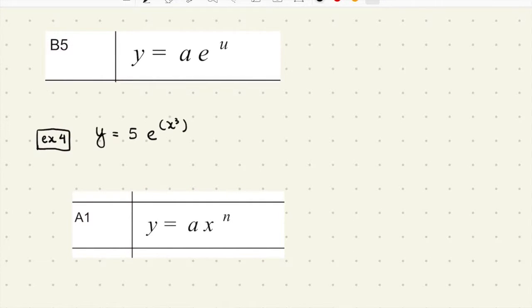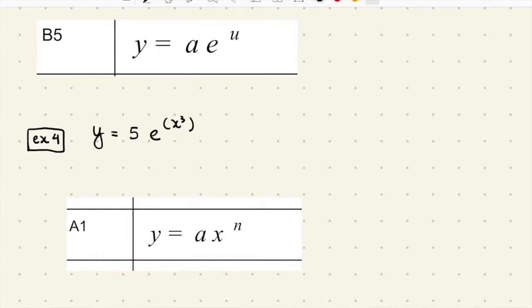In this example, I'm going to use a combination of formula B5 and A1. And why do I choose that? Very simple, because it matches the question. Because the question is 5e power x cubed, and it matches here.